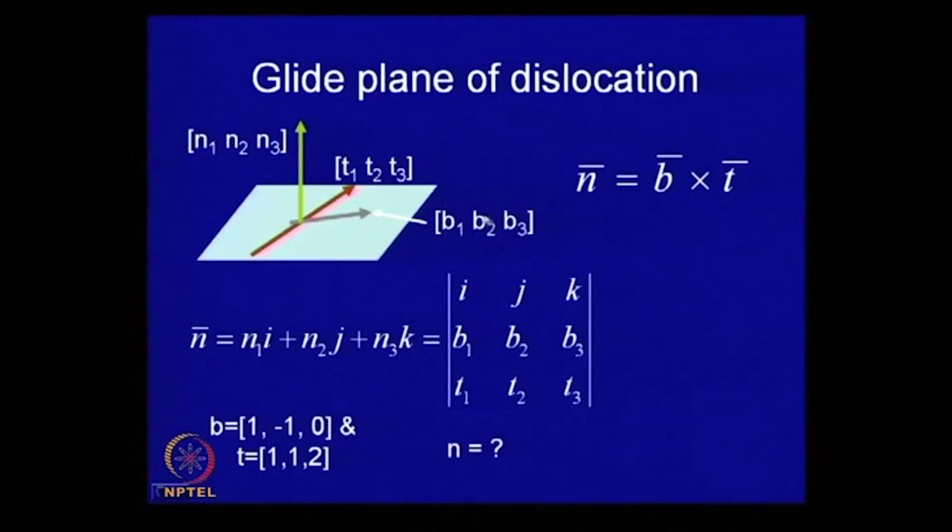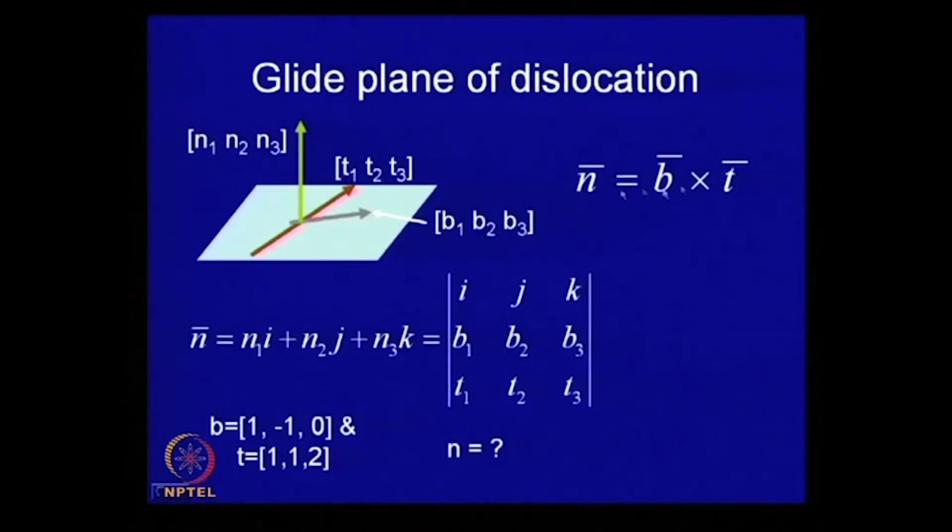In that case, if this is the dislocation direction and this is the Burgers vector, then obviously the cross product of the two will represent the slip plane normal, represented here as the vector n1, n2, n3.